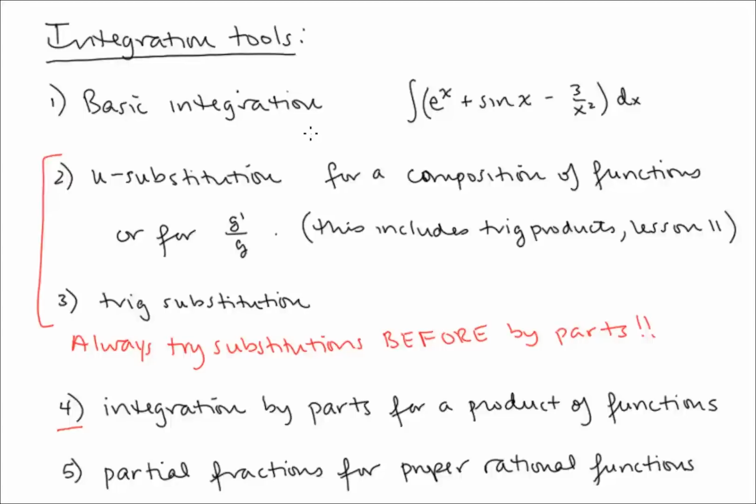If we can't use a u substitution, we look out for trig substitution. But keep in mind that you should always be looking for substitutions before you try integration by parts, because many of the substitution problems look like a product. But in order to get a correct solution, you have to treat them as substitutions. You have to treat them as compositions, rather than starting with integration by parts.